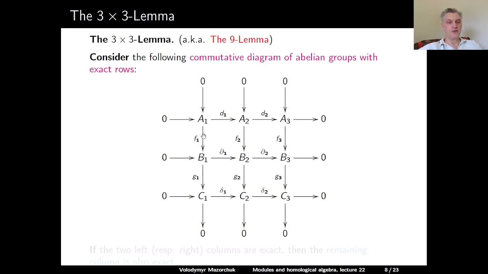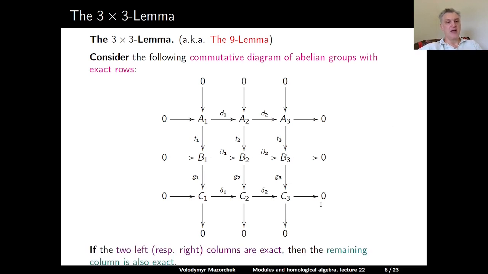And then we have the morphism F of complexes from the sequence A to the sequence B, and the morphism G of complexes from the sequence B to the sequence C. And then we complete this picture by zeros on top and by zeros in the socle. So this is a commutative diagram, and all rows are exact.